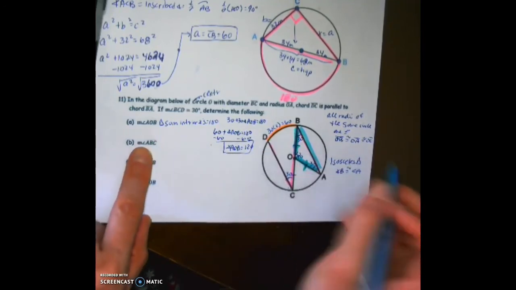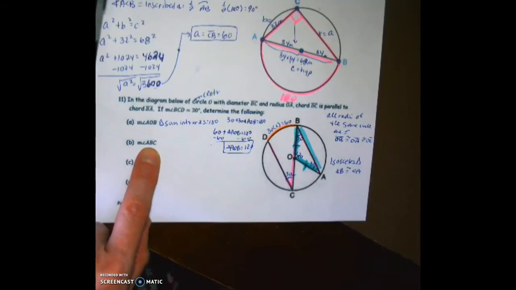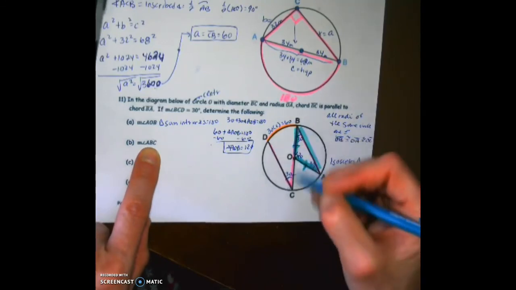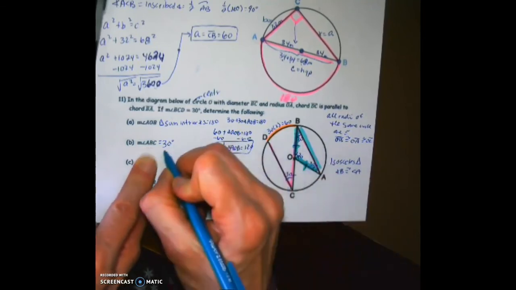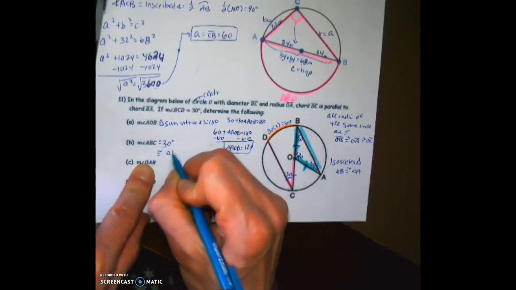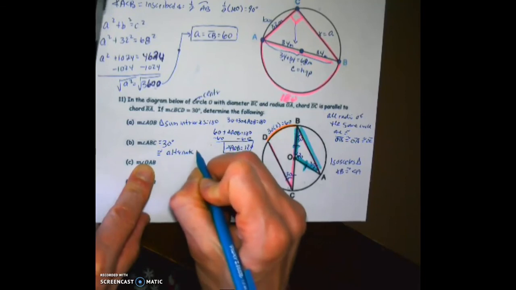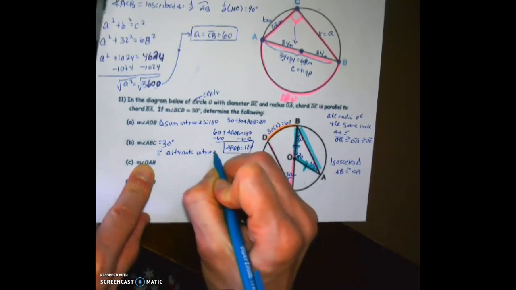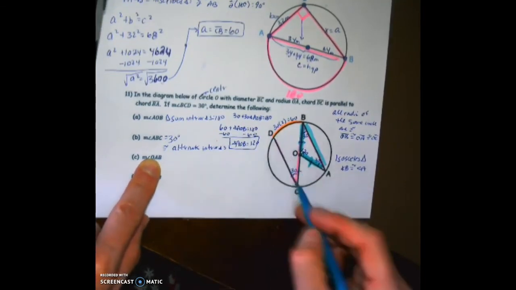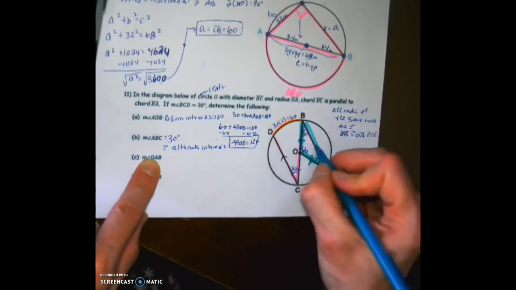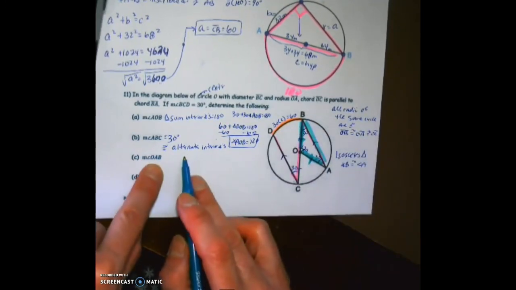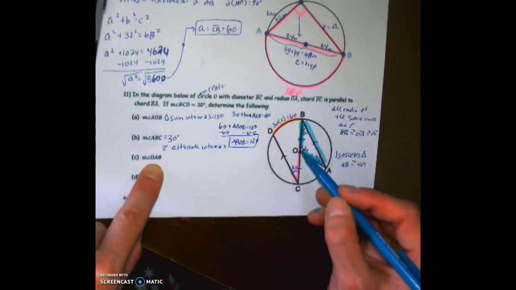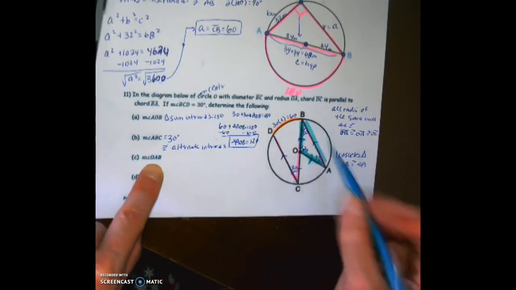That's 120. Now they want us to find the measure of angle ABC. Well, we found that out already. That's 30 degrees because of the congruent alternate interior angles formed by those parallel lines. And then it says the measure of angle OAB. Well, we found that out already.